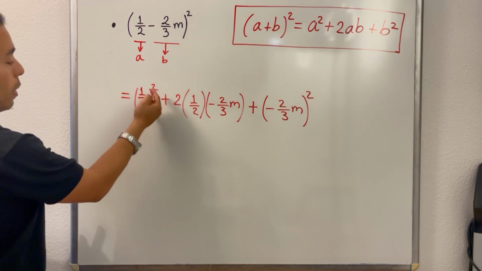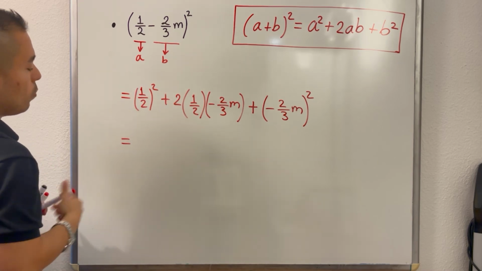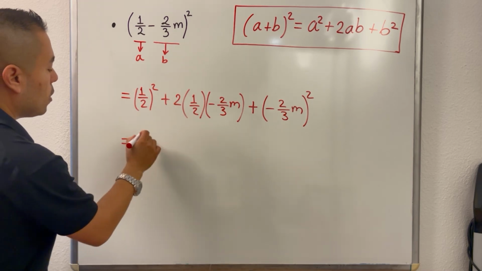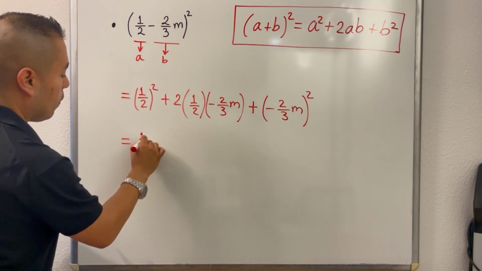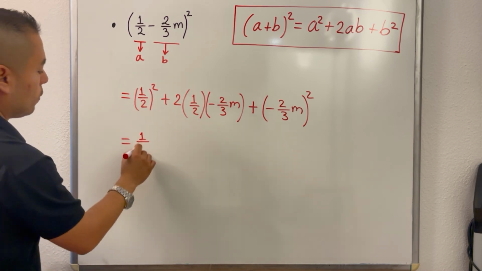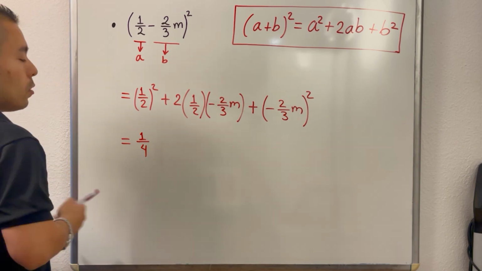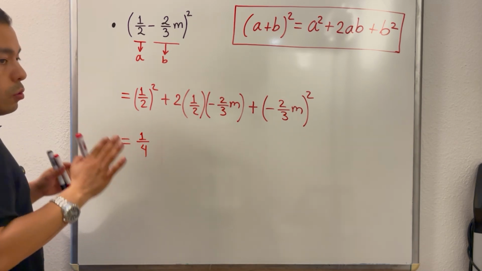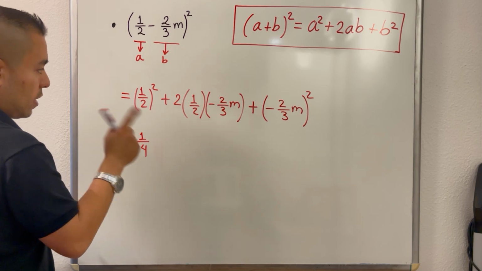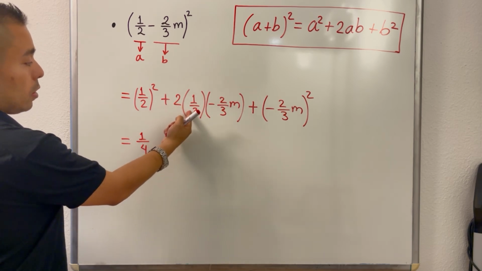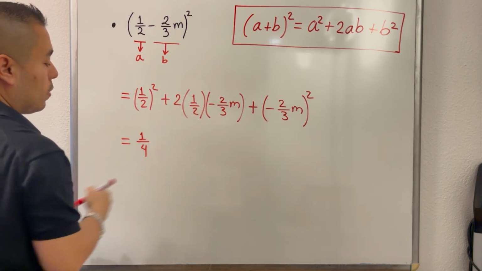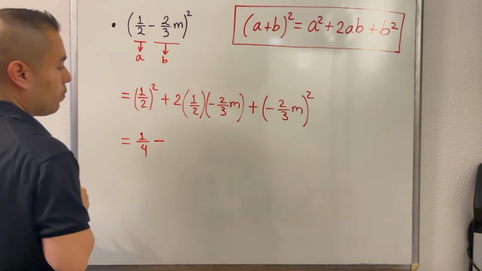The first term here we have 1/2 squared. This means that the square will apply to the 1 and to the 2, numerator and denominator here. So we have 1 squared is 1 divided by 2 squared, that is 4. For the second term, first of all, we need to look at the rule of signs. We have positive by positive is positive, by negative, this will end up in a negative sign here.